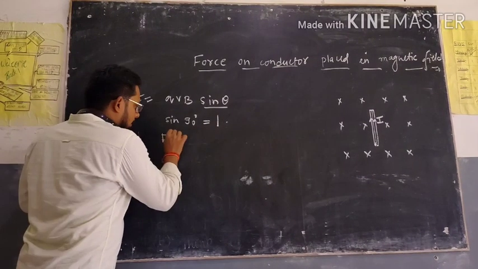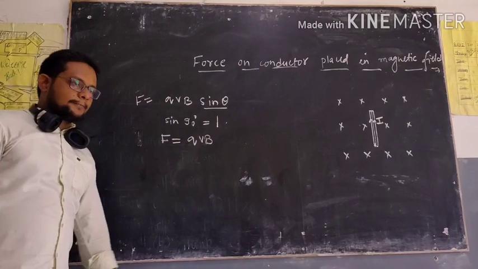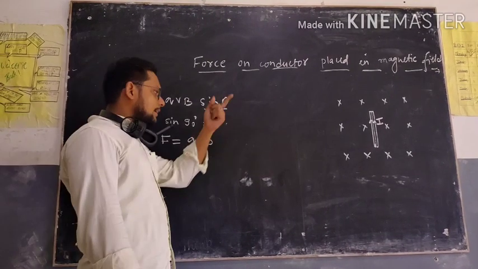So the formula QVB sin theta can be written as QVB, because sin 90 is 1.